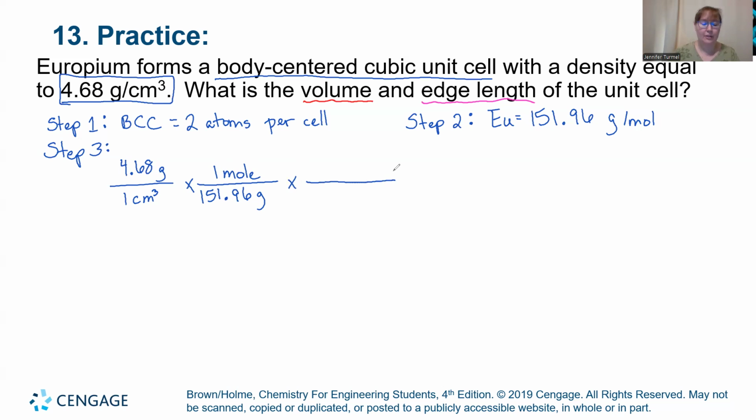And then we're going to use Avogadro's number that tells us that we have 6.022 times 10 to the 23rd atoms per mole. Now let's see how this cancels. Okay. So our grams cancel here and our moles cancel here, and we are left with atoms per cubic centimeter.